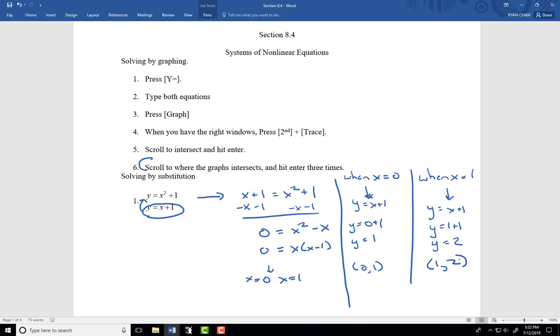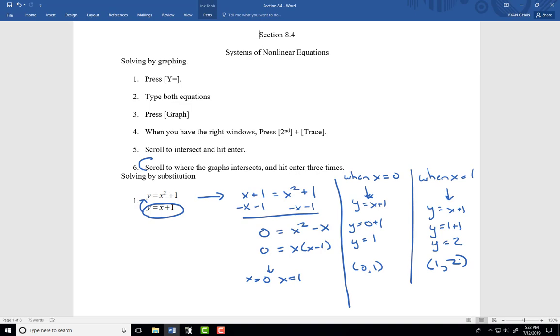And this is important: you want to make sure you actually write the coordinate, because you can't say x is 0 and 1 and then y is 1 and 2, because otherwise you're saying 0 comma 2 or 1 comma 1 would work. So make sure you understand, it's not just any combination of when x is 0, 1 and y is 1, 2. It's specifically 0 comma 1 and 1 comma 2.